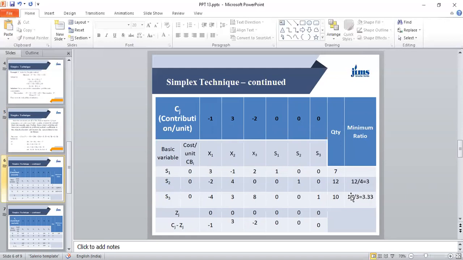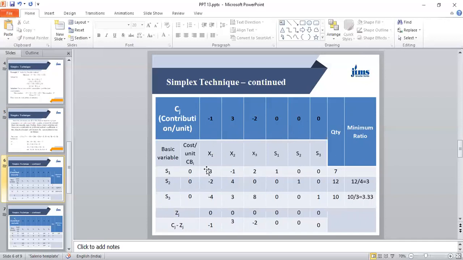Now Zj will be the multiplication of the cost column and the values given in the first to last columns.